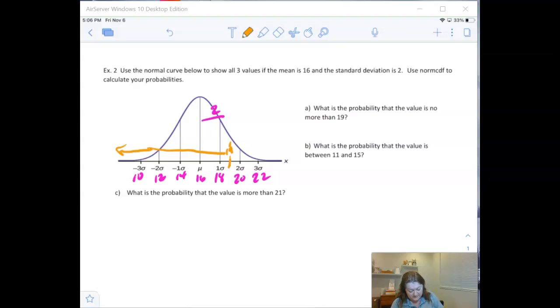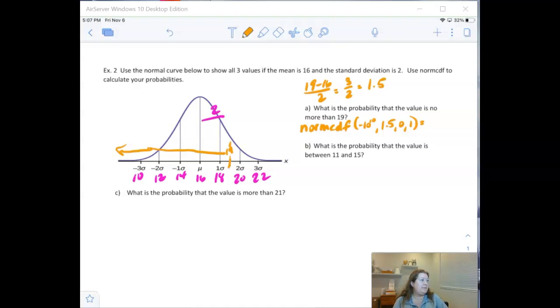So the z-score is going to be 19 minus 16 over 2, which is 3 over 2, which is 1.5, I believe. Okay, so we are going to do norm CDF starting at negative infinity, going up to 1.5 when the mean is 0 and the standard deviation is 1.